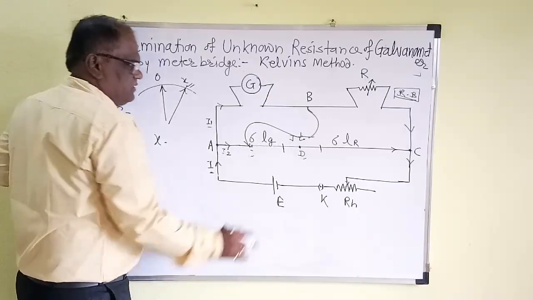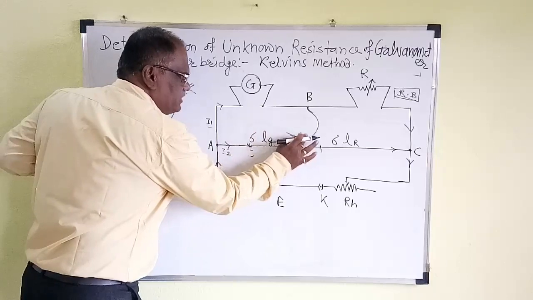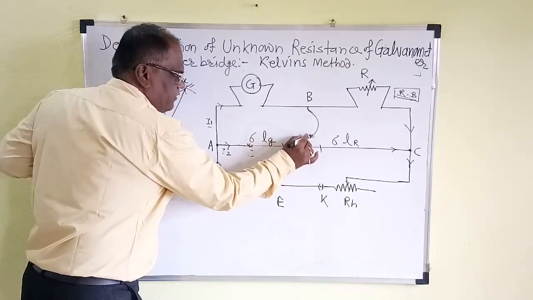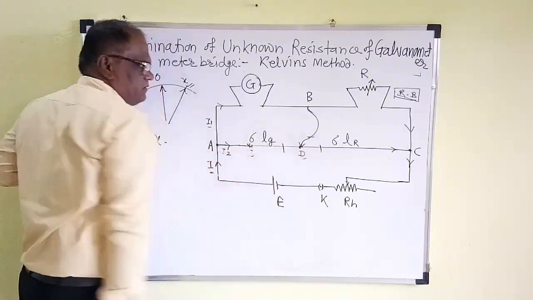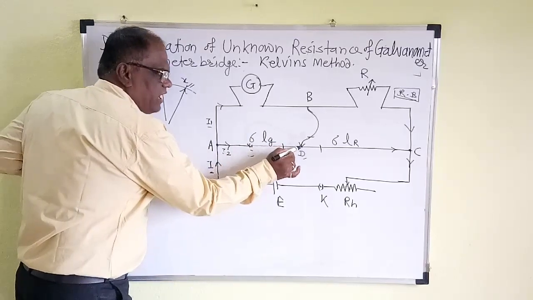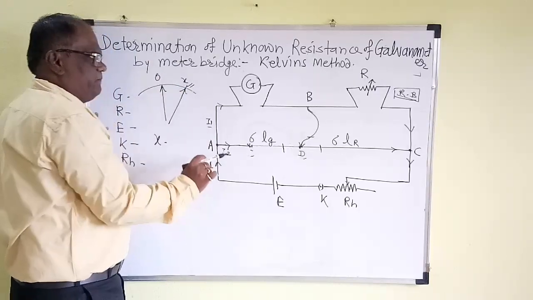That means here the equipotential point is to be found out. An equipotential point is a point on the wire where when jockey is touched at this point, galvanometer deflection remains same.